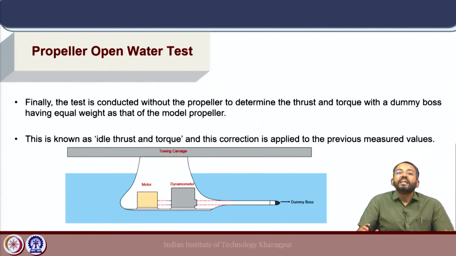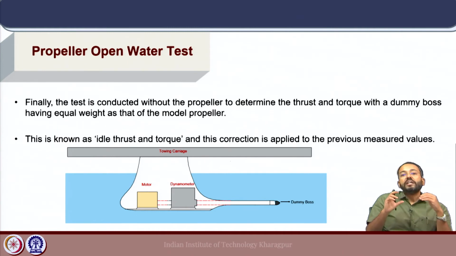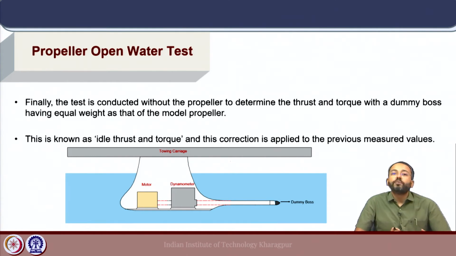And finally, the test is conducted without the propeller. This part is important because we want to evaluate the thrust and torque of the propeller blades. Now, after estimating the propeller thrust and torque for different conditions, a correction needs to be applied, because there will also be a thrust and torque generated from the propeller boss, and this is done by putting a dummy boss which is of the same weight as that of the model propeller, and again the thrust and torque for different RPM is measured for this configuration.